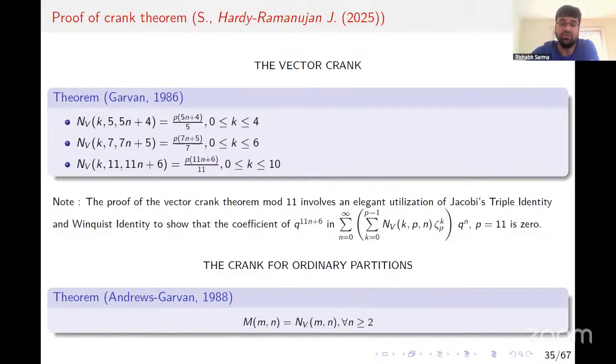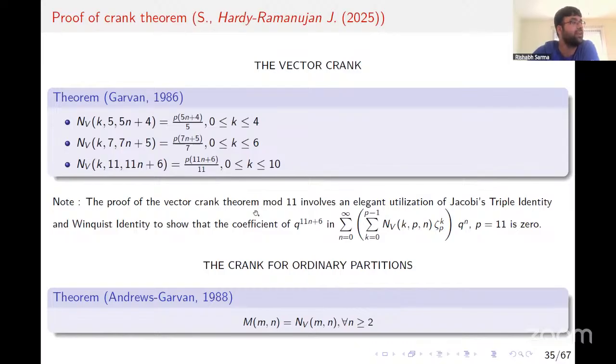owes its beginning to the vector crank found by Garvan in 1986 in his thesis. So the vector crank divides the partitions of 5n plus 4, 7n plus 5, and 11n plus 6 into 5, 7, and 11 equinumerous classes.